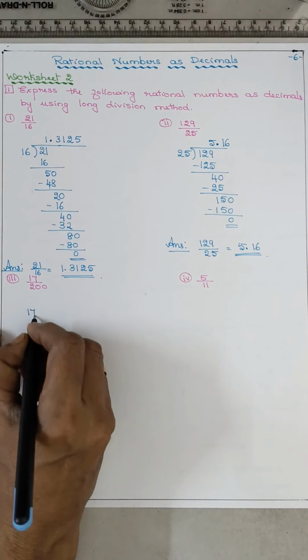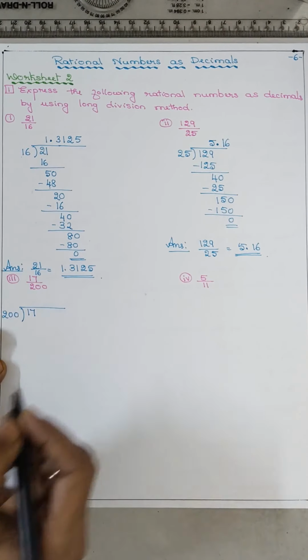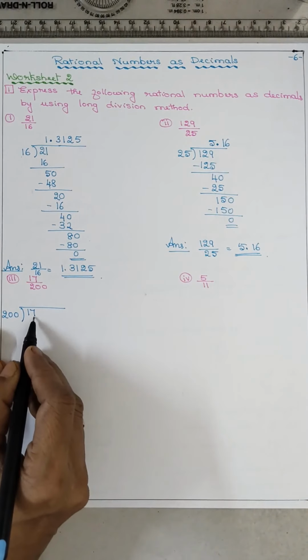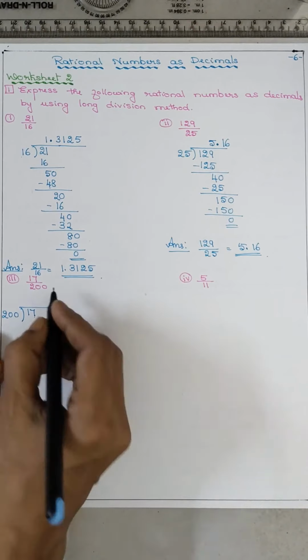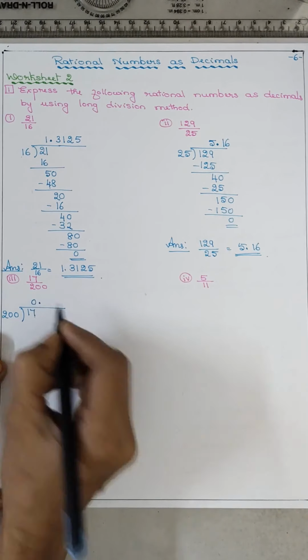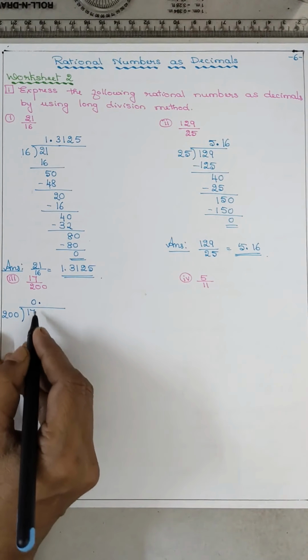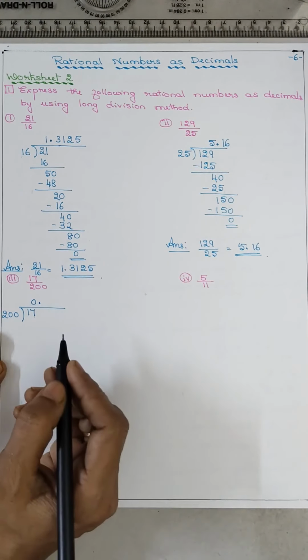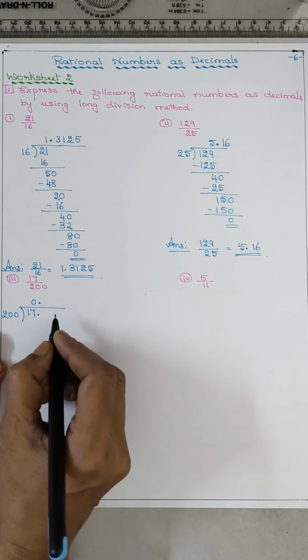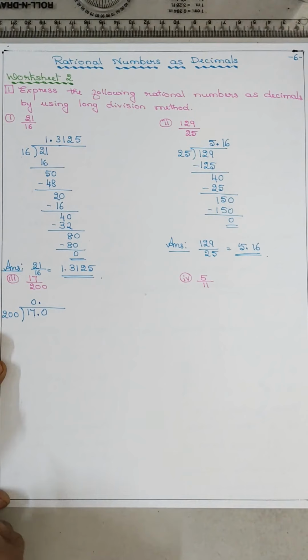So 17 by 200. Now 2 digits, here it is 3 digits. So it cannot be, so put 0 and decimal. Now 17 zeros are, you can write 200 zeros are 0 and all. Otherwise skip that step. Directly put decimal and take extra 0.